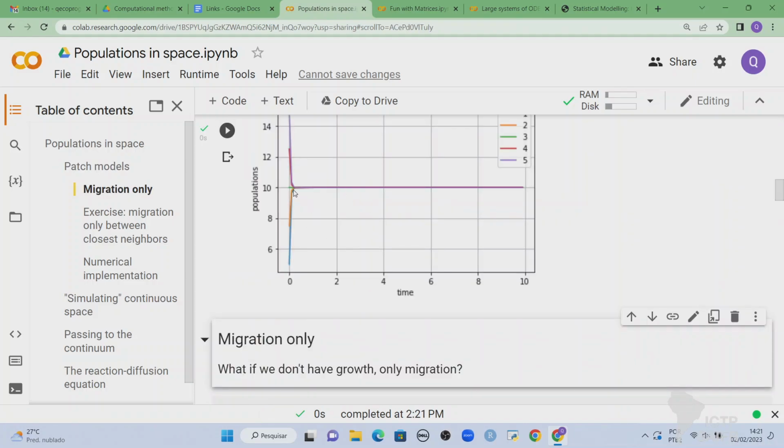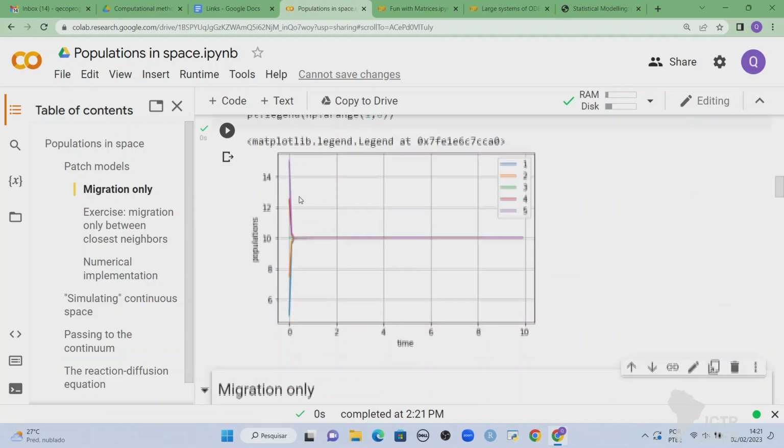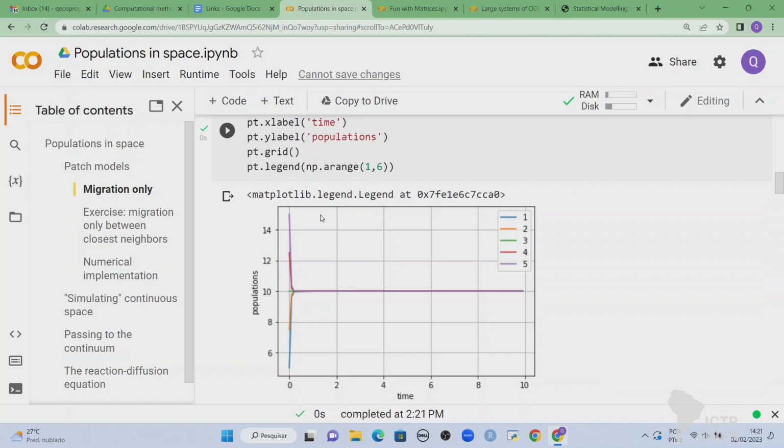You see that now they converge to 10 much more quickly, right? Because now the time it takes to reach 10 is determined not only by growing locally, but also by exchanging individuals among the patches. So they all go to 10 much more quickly because they are exchanging individuals between them much faster, okay?